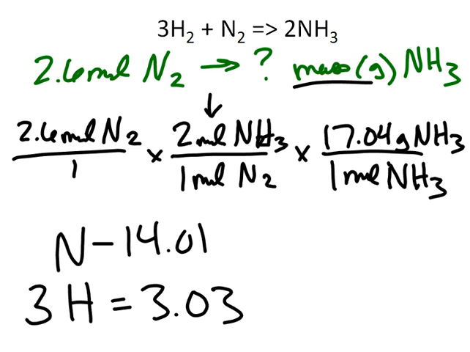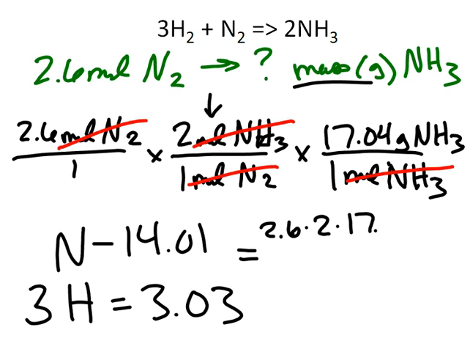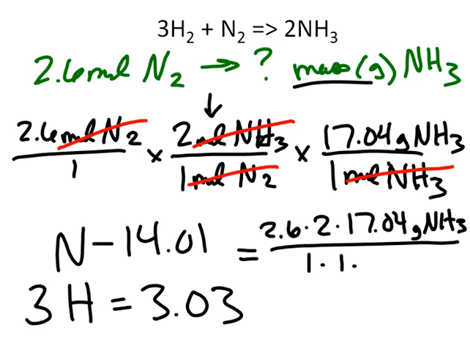Okay, my moles of ammonia cancel out, my moles of nitrogen cancel out, and I am left with 2.6 times 2 times 17.04 grams of ammonia, all over 1 times 1 times 1.